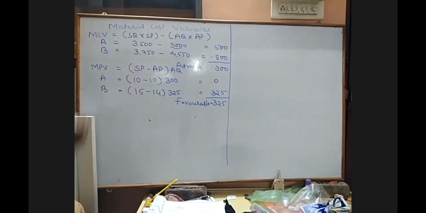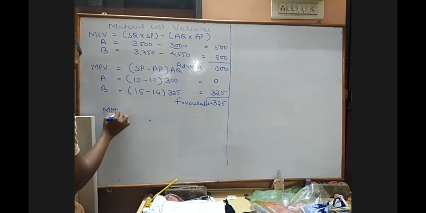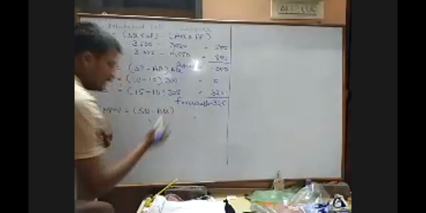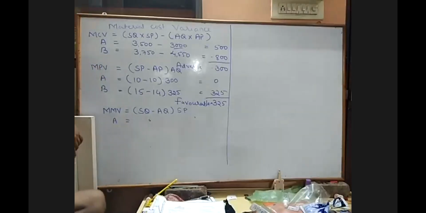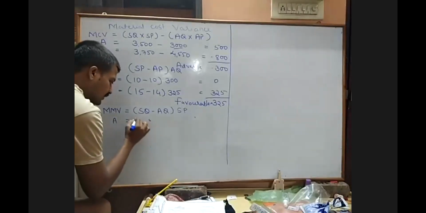Now the next one, that is material mix variance. Can somebody give me the formula? Standard quantity minus actual quantity into standard price, right? For A, check what is the standard quantity.